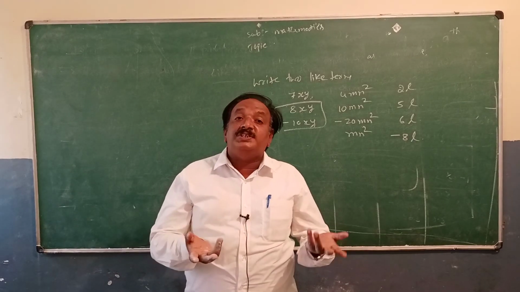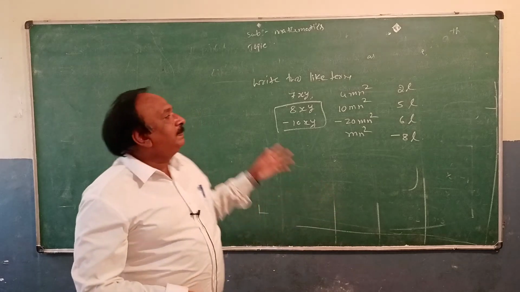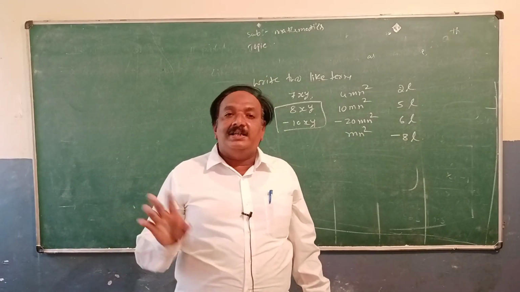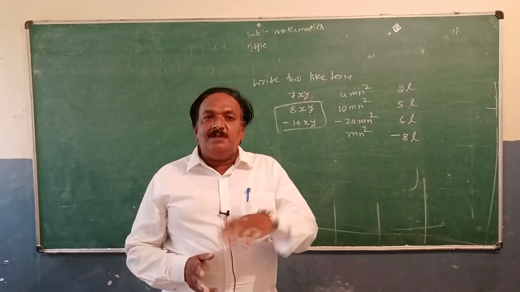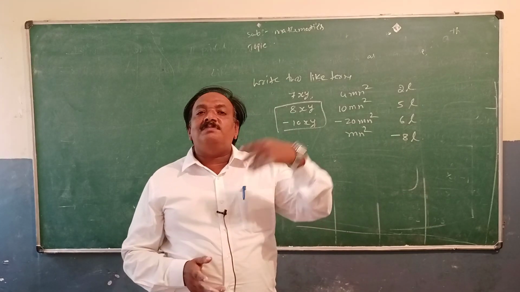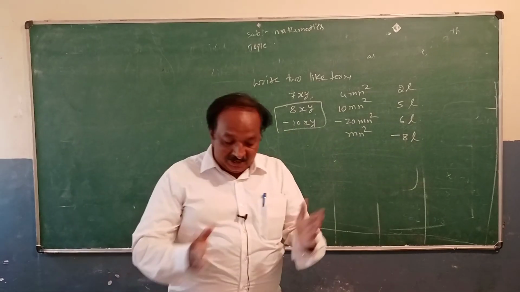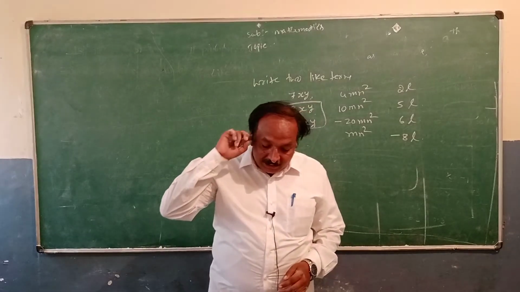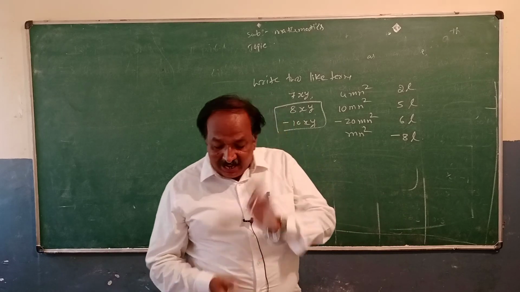Then the classification of expressions into monomial, binomial and trinomial. Only one term is called monomial, two terms is called binomial, three terms is called trinomial. After that, we passed on to what are like and unlike terms. We have to classify like and unlike terms.